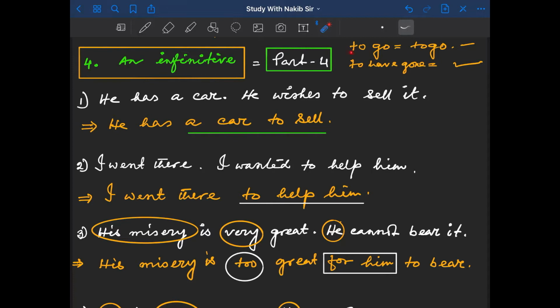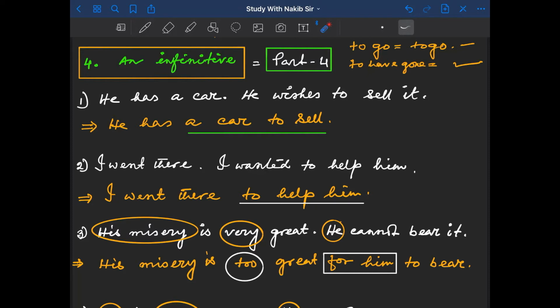Number one is present infinitive and number two is perfect infinitive. Structurally, infinitive is divided into a simple infinitive or present infinitive and a perfect infinitive.